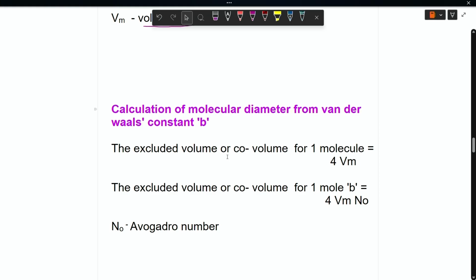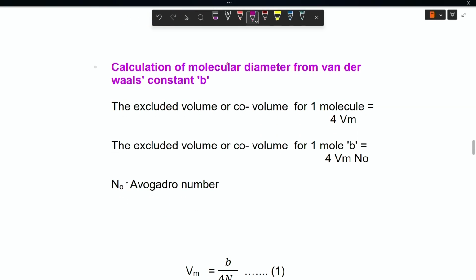Now, we are going to calculate the molecular diameter from van der Waals constants. The excluded volume or co-volume for one molecule is equal to 4 into Vm.